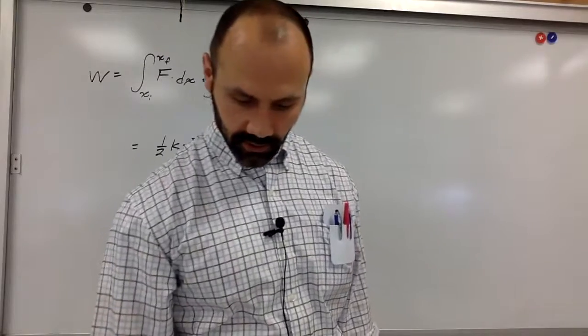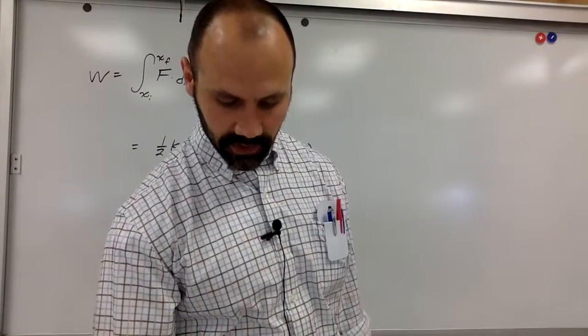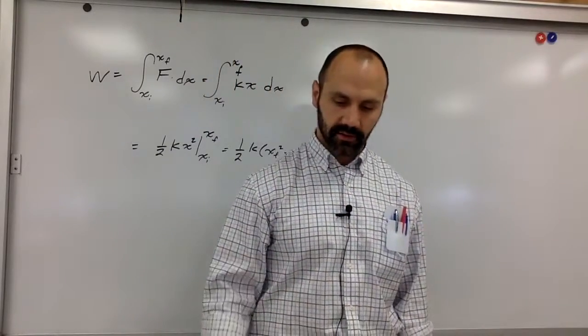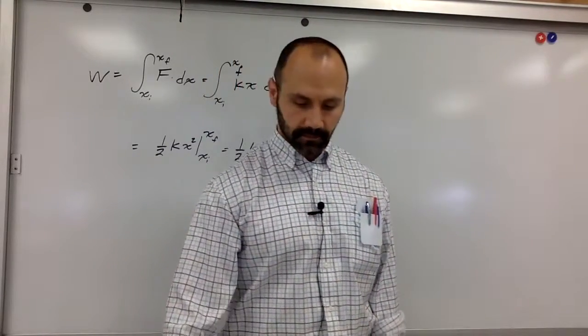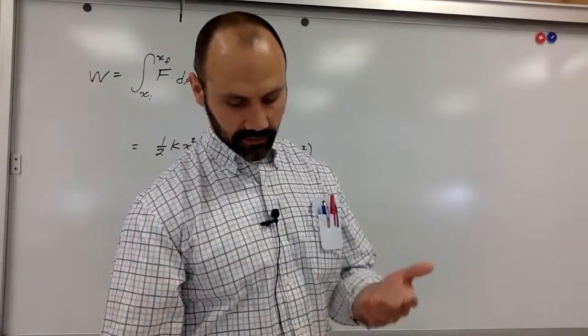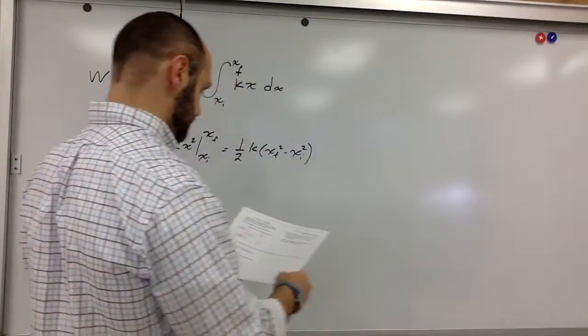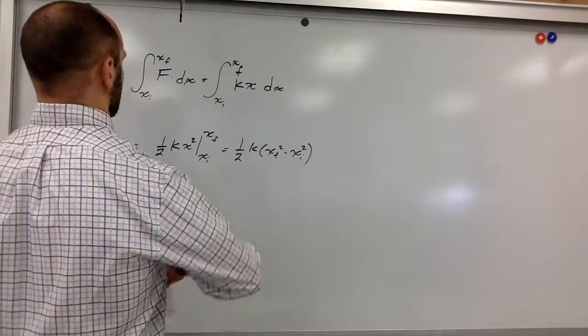Okay, and so work is done by a spring as it attempts to restore its length back to the original length. So let's see, work done by the spring, we get the force of the spring is negative kx, and then all of this ends up being the same, right?